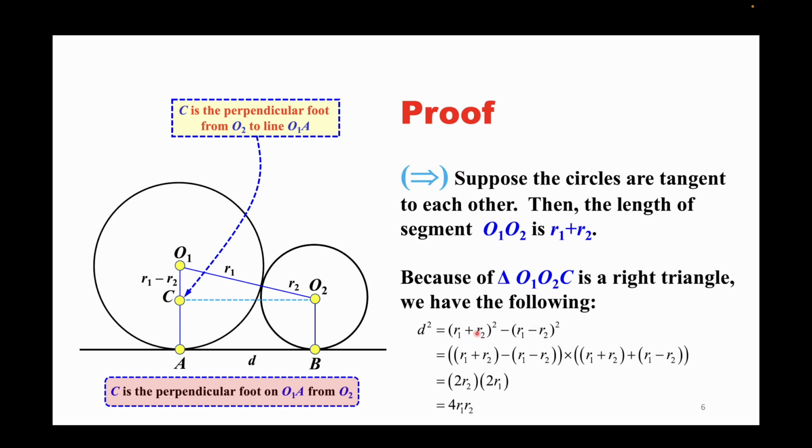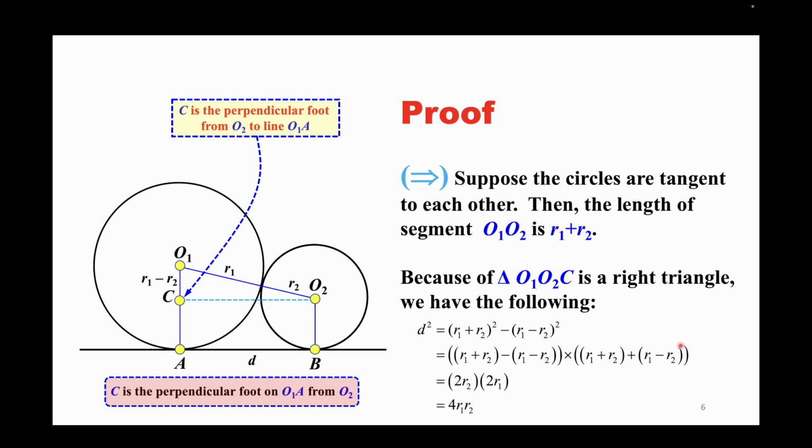Then we apply a very commonly seen formula, A squared minus B squared being A minus B times A plus B. In this term, R1 cancels, so we have 2R2.